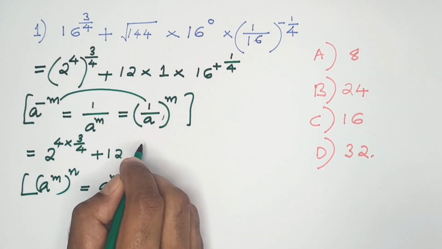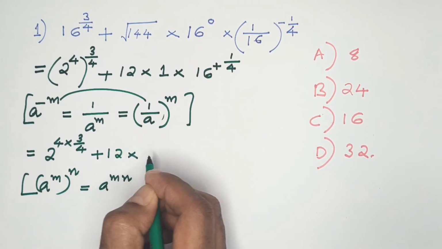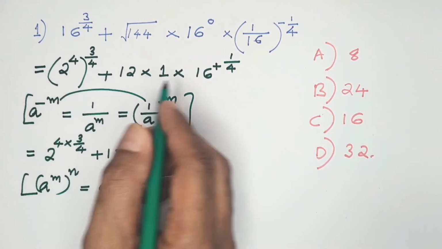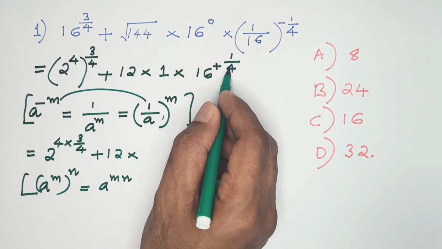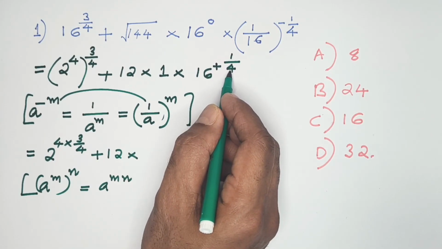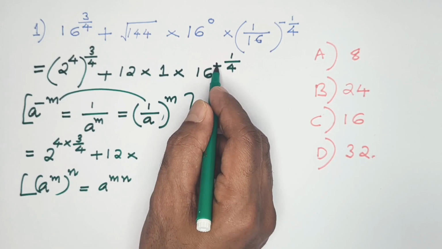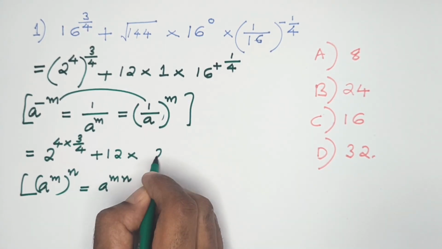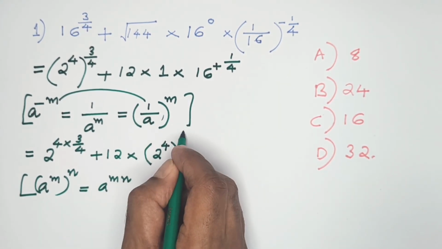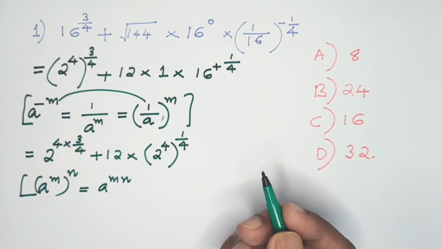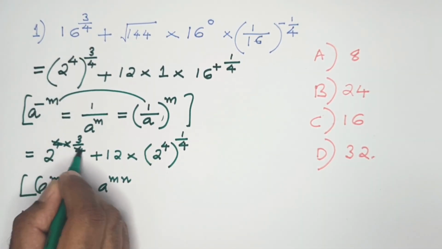Next term 12. This 1 is gone. Multiplied by, like we did here. Here the exponent has 4 in the denominator. So what you can do is write 16 as 2 to the power of 4 and the whole raised to 1 over 4. You may just ignore this plus. This equals, these two will cancel out.